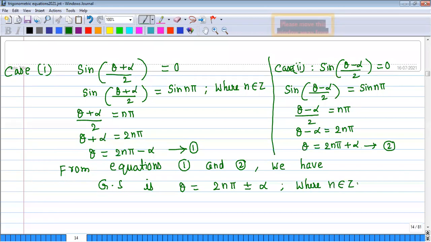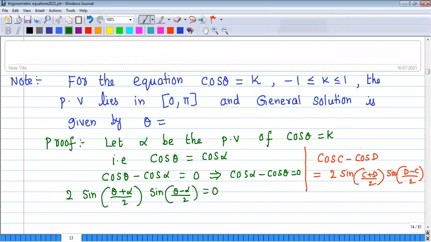Now tell me, if sin theta is equal to k, what is the general solution of sin theta equals k? I asked about sin. Theta is equal to n pi plus minus 1 to the power of n into alpha.